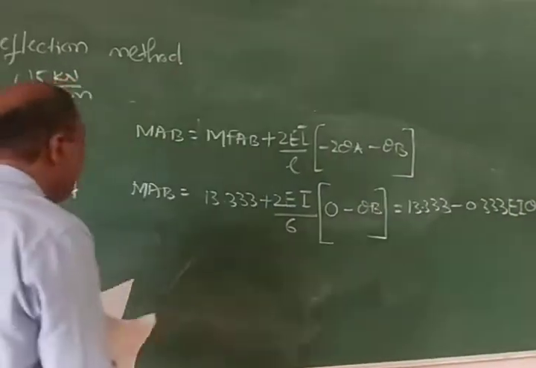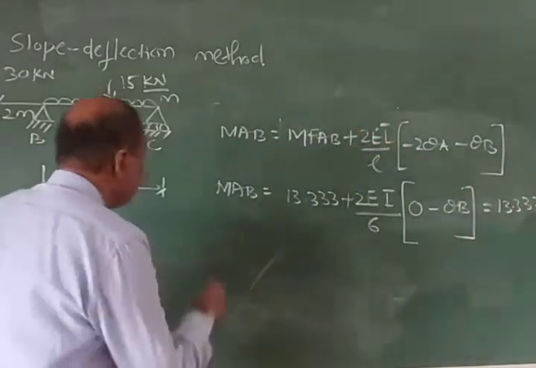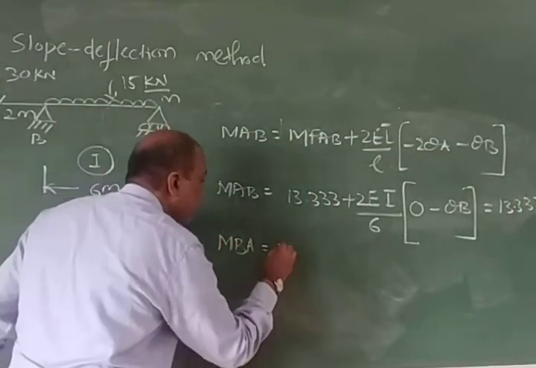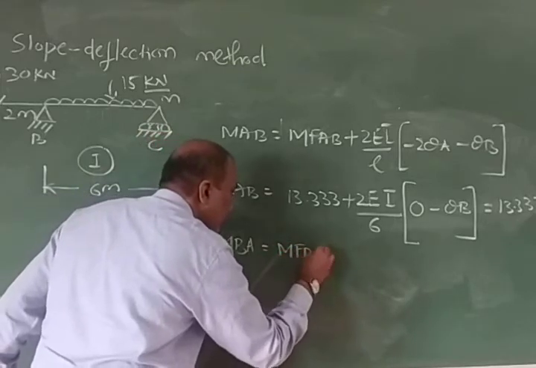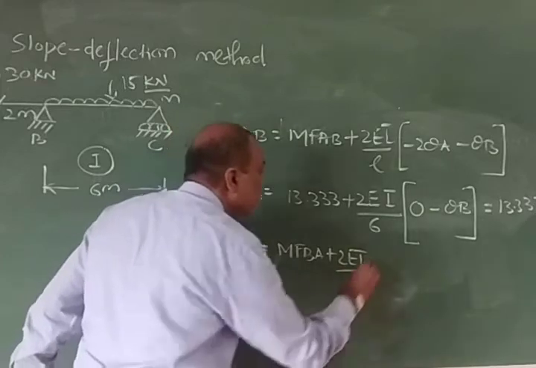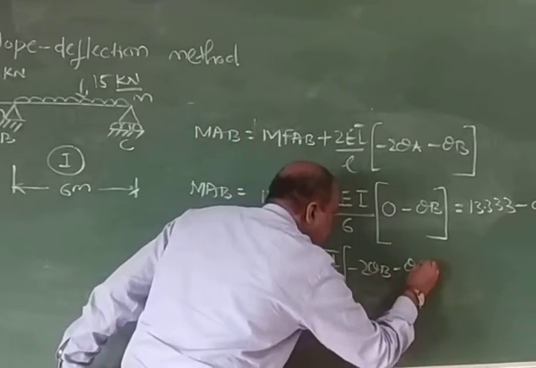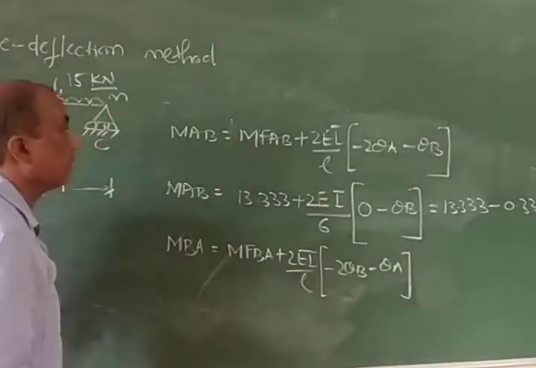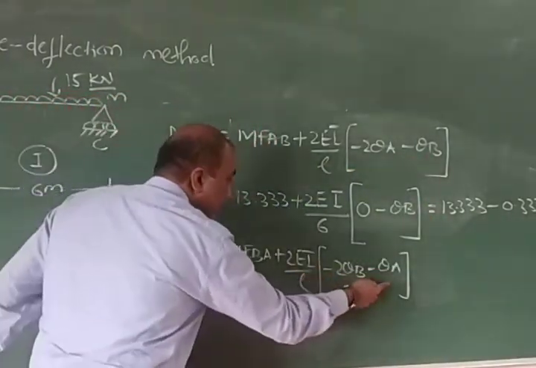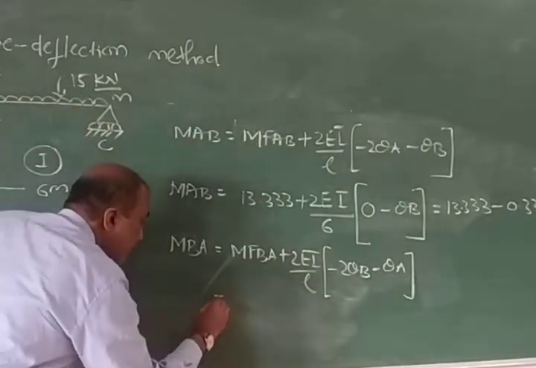Now similarly I will write MBA. What is the formula? MFBA plus 2EI upon L, reversed: minus 2 theta B minus theta A. It was minus 2 theta A minus theta B, here it is minus 2 theta B minus theta A. So what is MFBA?